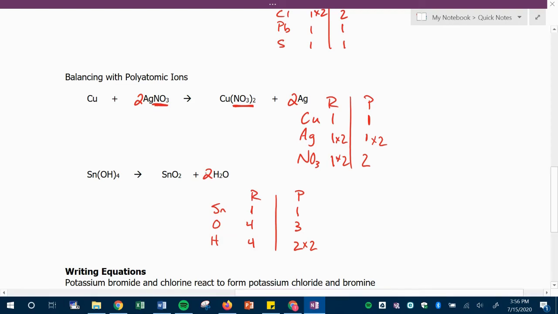So for our oxygens, after adding that 2, we now have 1, 2, and then because the 2 that we added means we multiply those oxygens by 2 as well. So that did actually give us the 1 oxygen that we needed to get up to 4. And so now our tins, our oxygens, and our hydrogens are balanced.